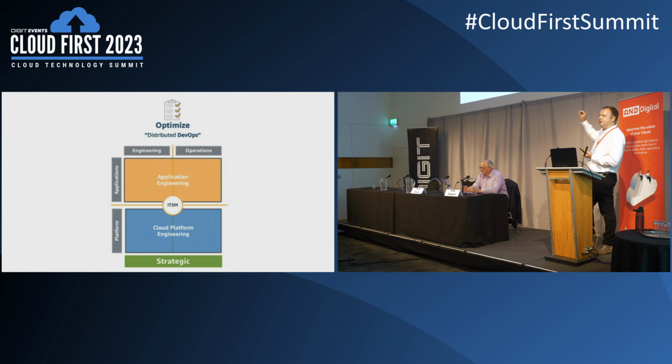This cloud platform engineering team is probably staffed with quite smart people, but they're unlikely to be superheroes. The cognitive capacity of that team will give you a slice of services. So it's probably going to be virtual machines, it's probably going to be containers, it might be some serverless or a managed data store.